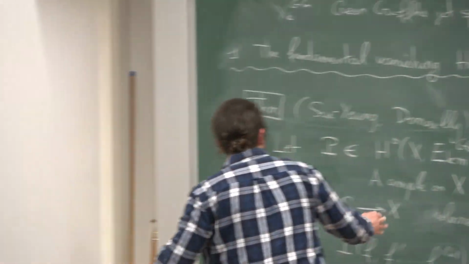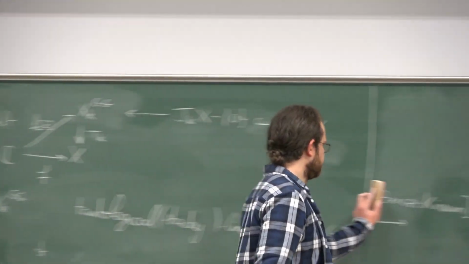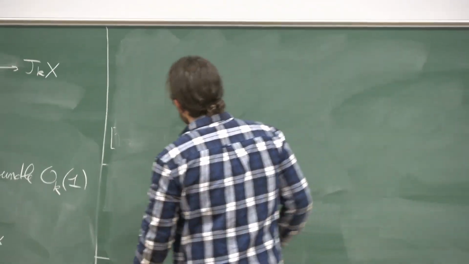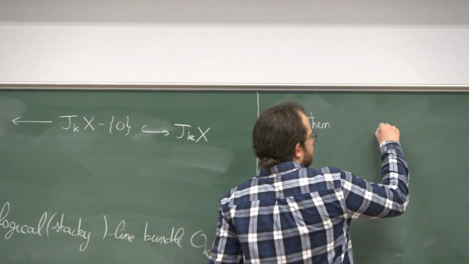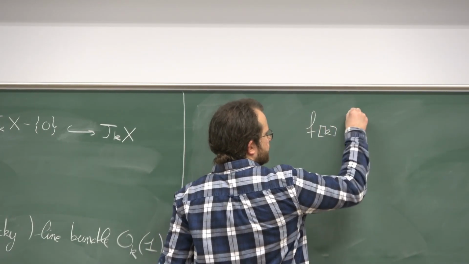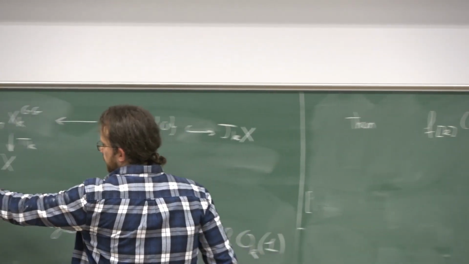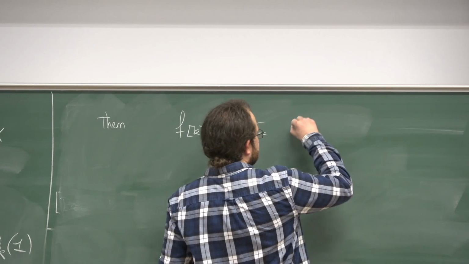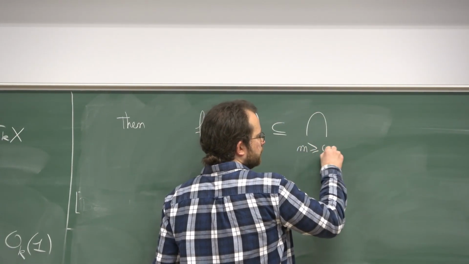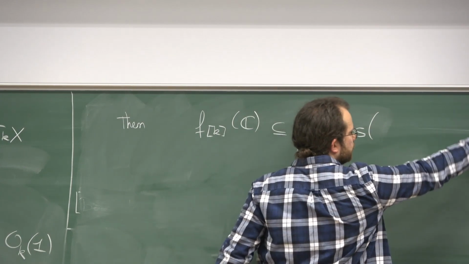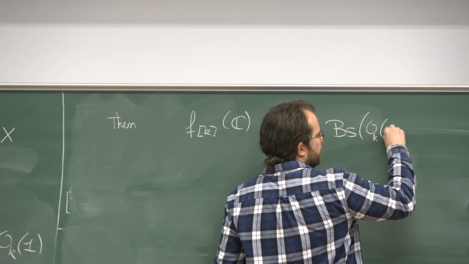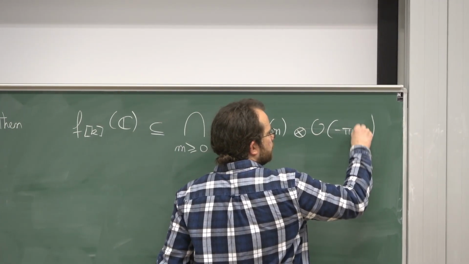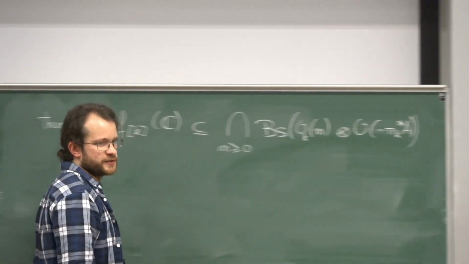And so what does this theorem tell us actually, if you want to rephrase things using this diagram? What it tells us is that if you take the image of C by that map, then it falls inside the intersection, for any m, of the base locus of the mth power of O_k(1) minus the ample line bundle on the base.